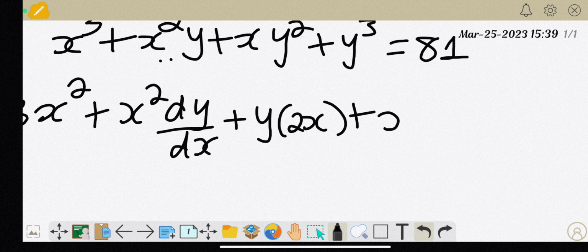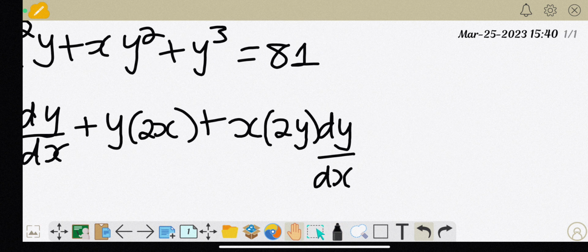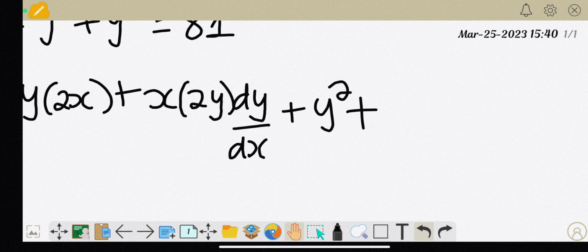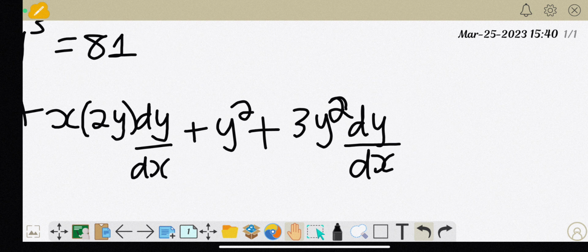First function into differentiation of second function plus second function into differentiation of first function. So second function is y square, differentiation of x is 1. Correct. Then y cube, so it is 3y square dy by dx, which is equal to differentiation of constant, which is 0.